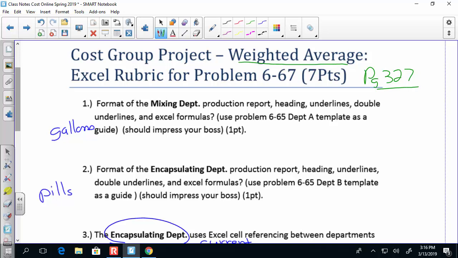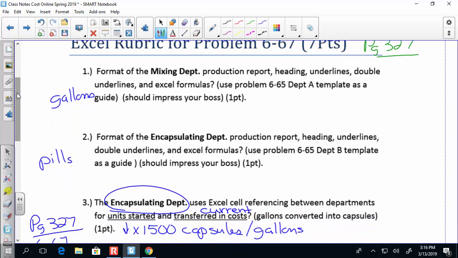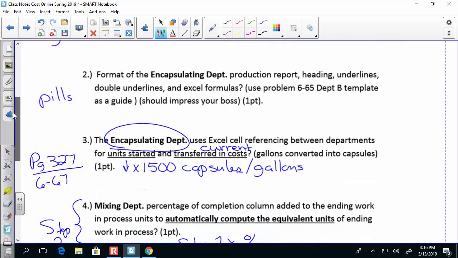The problem is a little more complex because the mixing department is in gallons, and the pills, the second department, or the encapsulating department, is in pills. So there is a conversion that will be necessary, and I talk about that conversion here. For every gallon of mix, the pills that we can get from that gallon is 1,500 pills.